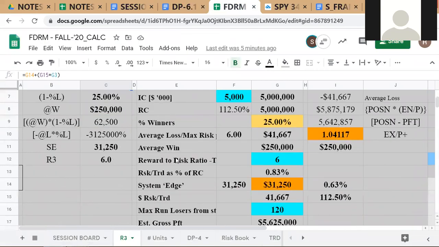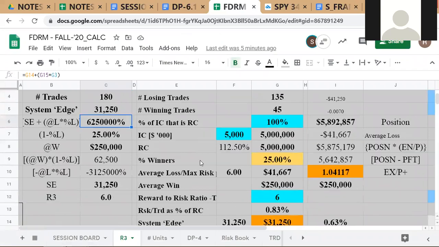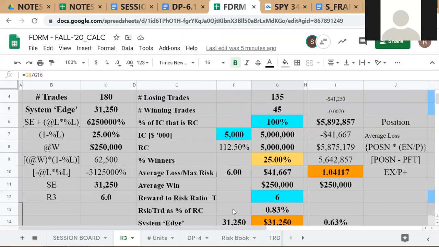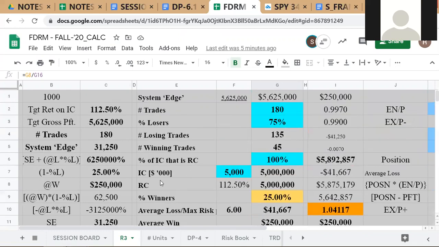If you see here, average loss, or maximum risk per trade, it's actually a function of risk capital. G15 will come out of dividing by the run of losers, which is G16, using G16 in the denominator, and G8 will be your risk capital. You look at G8, that's your risk capital. So you take the risk capital.